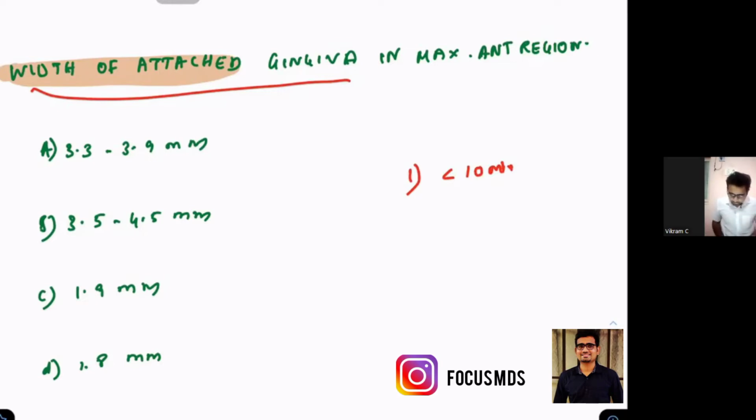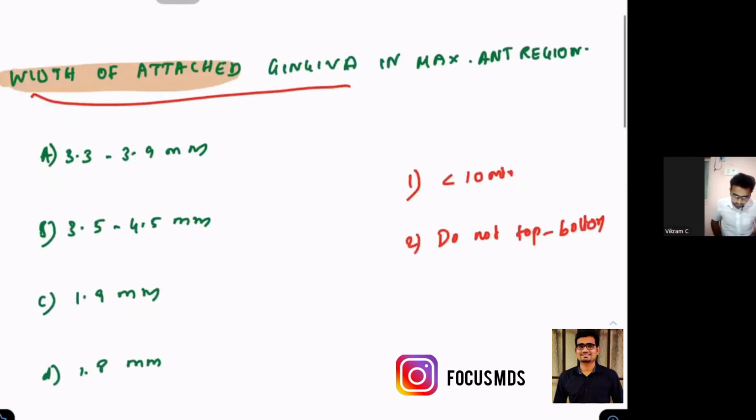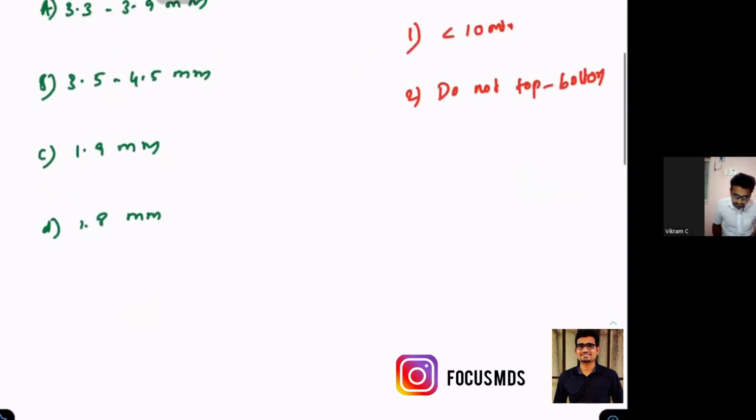And one more thing I would like to tell all the aspirants: don't read from top to bottom regarding this topic. Do not read top to bottom. Say for example, pertaining to this MCQ, width of attached gingiva, if you ask me what to read, just open Carranza and read what is the width of attached gingiva, from where it is measured, and what are the normal values.